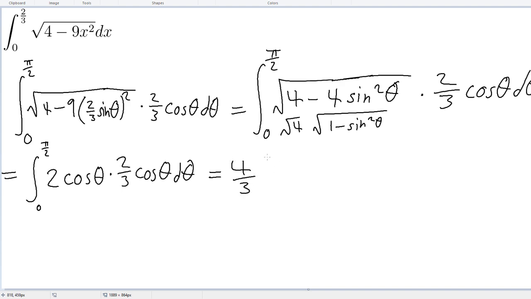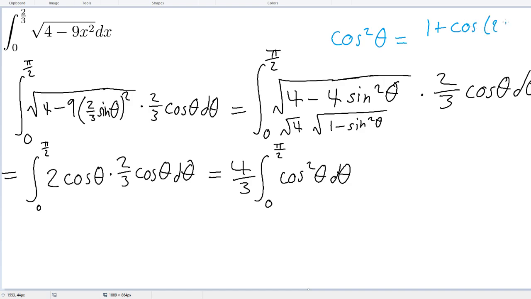We have to use another trig identity, one of those half angle formulas. So we have cosine square theta d theta. So we now have to use that trig identity. I'll type it in blue. It is cosine square is equal to 1 plus cosine 2 theta over 2.